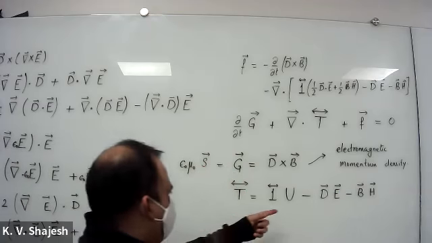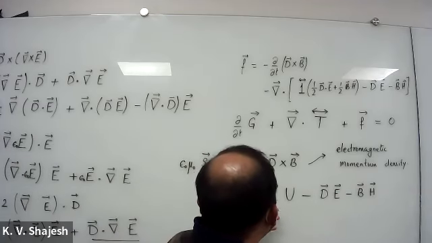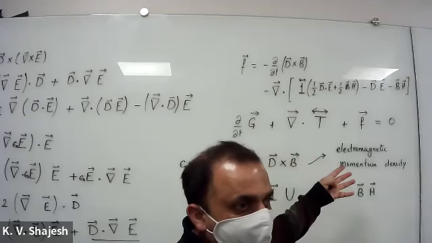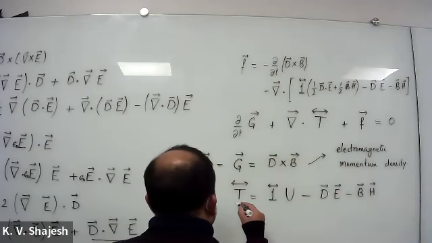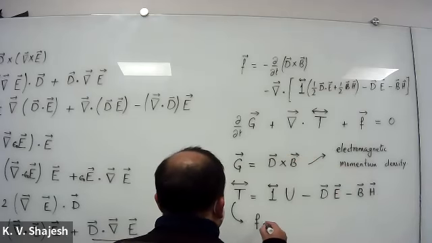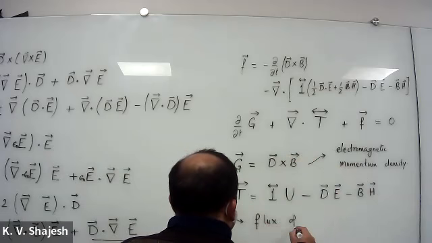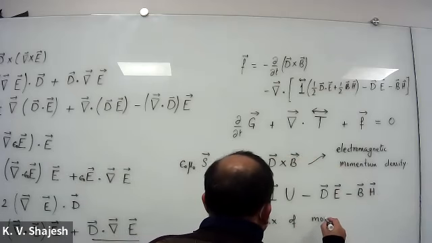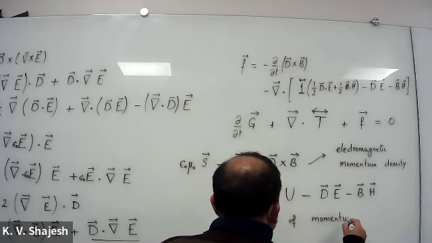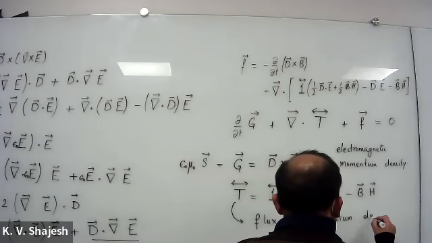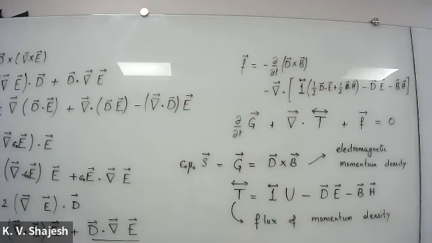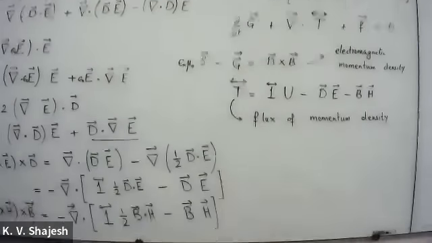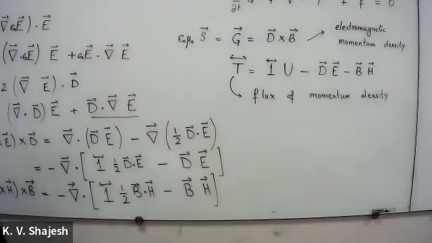And now we need an interpretation for this. Clearly, this is the flux of momentum, like how much momentum is going out of a region. So this is the flux of momentum density, in the fluid dynamics terminology. But this has a special name associated with it.